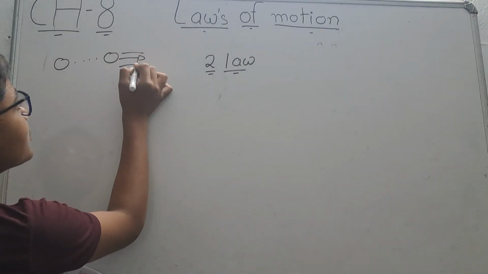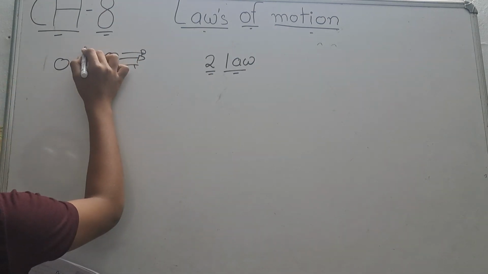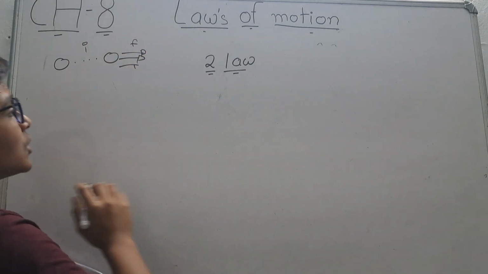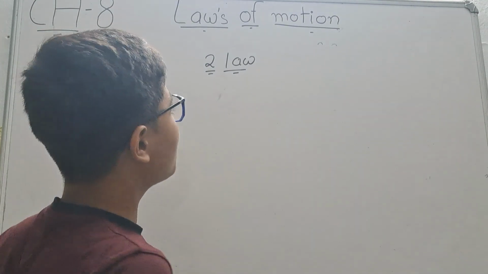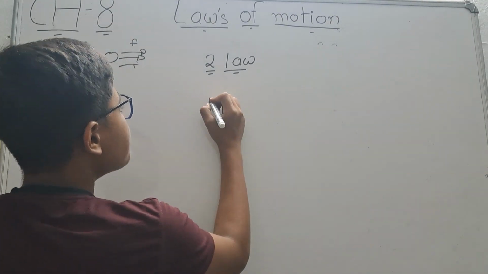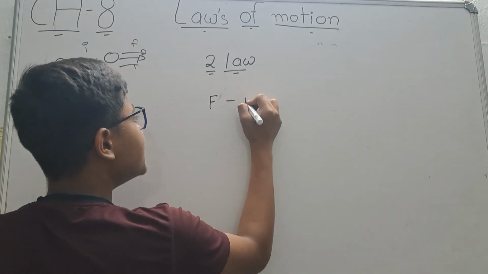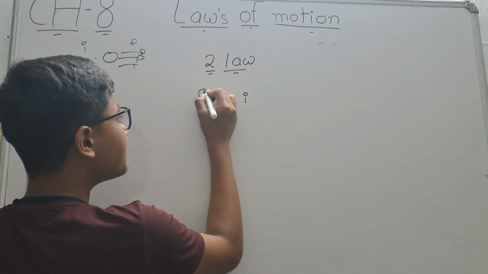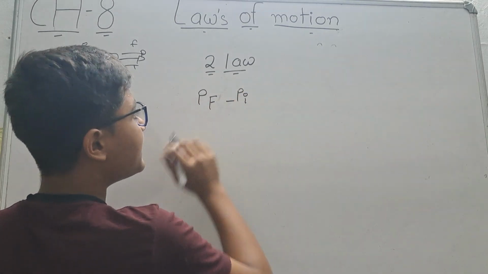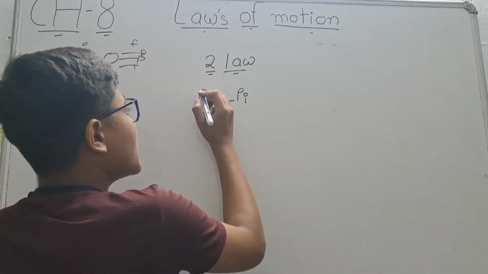I have exerted force, so this is the initial and this is the final momentum. If I want to find how much force and momentum I applied on the ball, it is final momentum minus initial momentum. What do we denote momentum by? P. So pf minus pi.